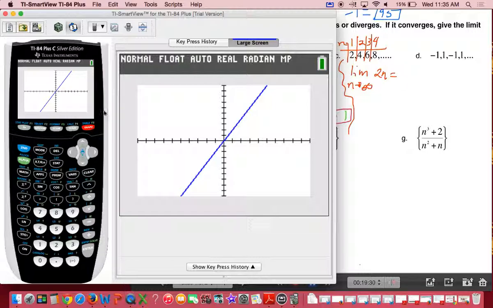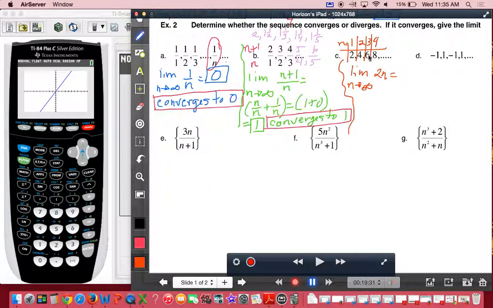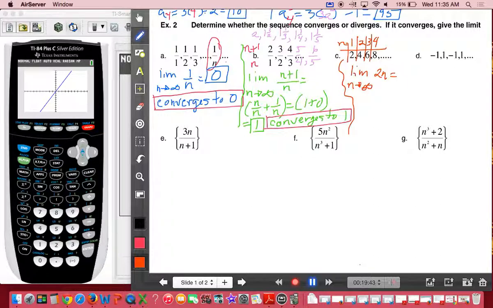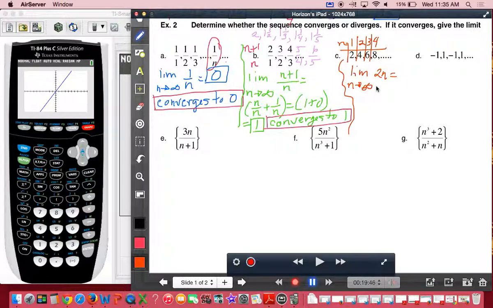Infinity. y is getting bigger and bigger as x gets bigger and bigger. And if you think about the sequence itself right here, as x gets bigger and we plug in 4, 5, 6, what happens when I plug in 100? We get 200. What happens when I plug in 1,000? 2,000. So as x gets bigger and bigger, y, the value for the function, is getting bigger and bigger.